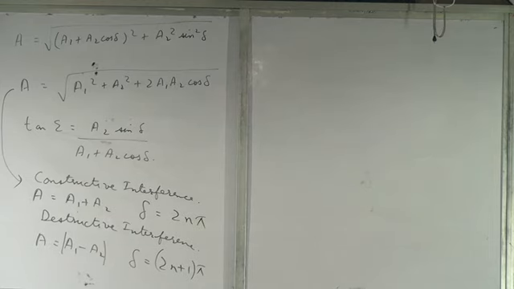If two SHMs have the same frequency and get superimposed, then only this result is valid. In both the equations, I wrote sin omega t and sin(omega t plus delta), so the angular frequency for both SHMs is the same. If it is not the same, the phase difference between them would not be a constant and you're not going to get this result. Is that clear? Now you attempt this question.